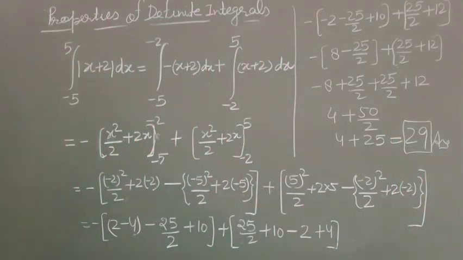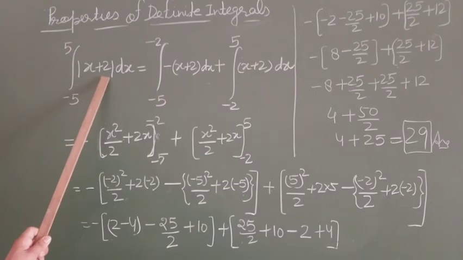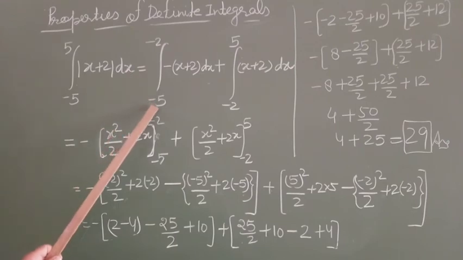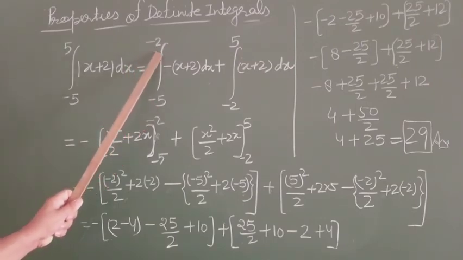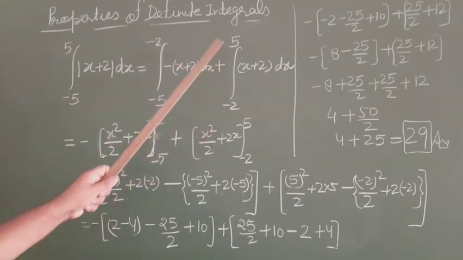So you have seen here I used the property: integral from a to b of f(x) dx equals integral from a to c of f(x) dx plus integral from c to b. So this is a, this is b. The sign of the function changed at minus 2. That's why we use this property: a to c, the c value is minus 2, and then c to b.